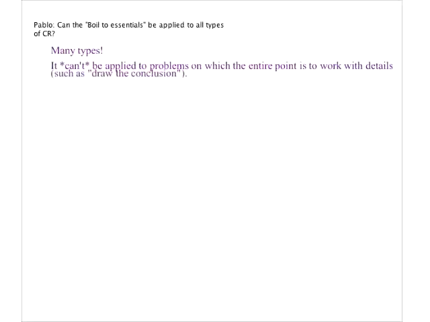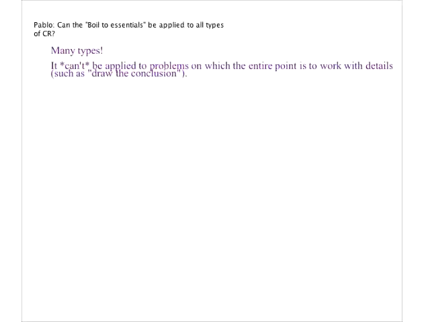One thing to note is that it can't be applied to problems on which the entire point is to work with details, such as draw the conclusion. The point of draw the conclusion is that you're not looking at essentials. In draw the conclusion, you actually have to work with details. You have to shape the details almost like you're a smith shaping jewelry.